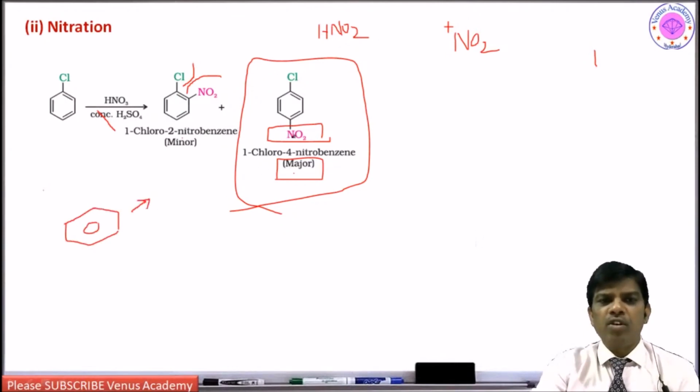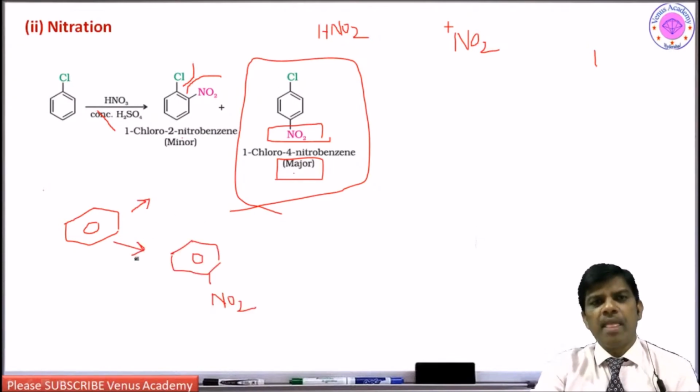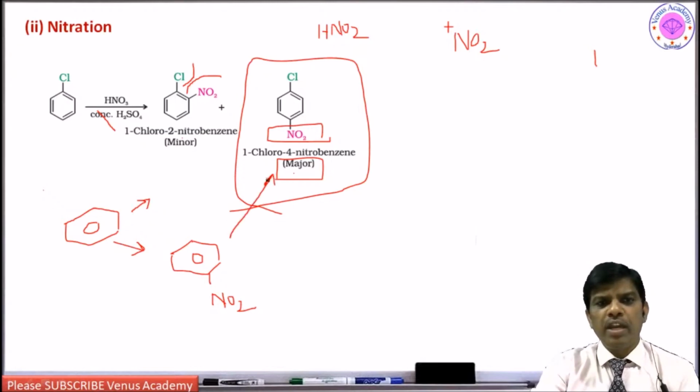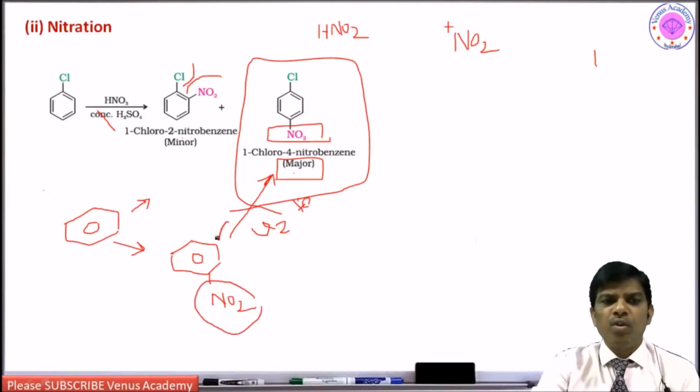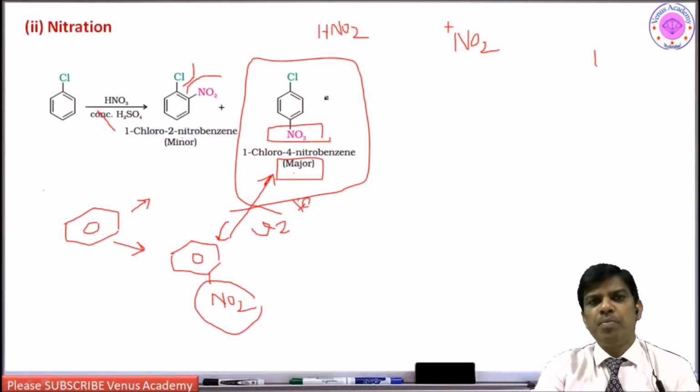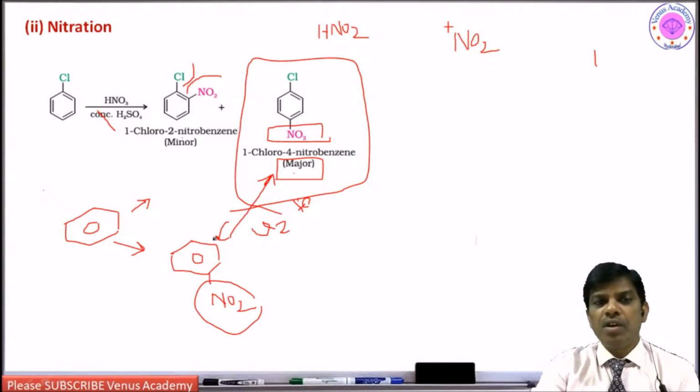If I make nitrobenzene first, and then want to do chlorination with chlorine and iron chloride, what is going to happen? The nitro group is a meta-directing group, but we require para-chloronitrobenzene. So you are going to get meta-chloro instead.